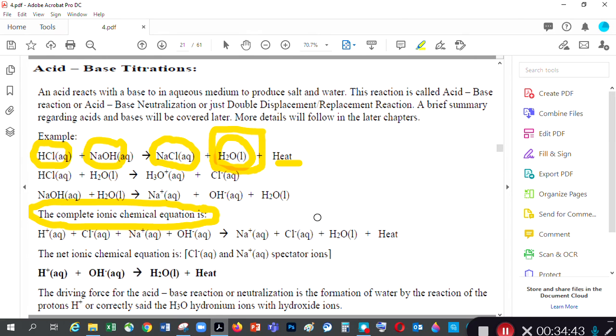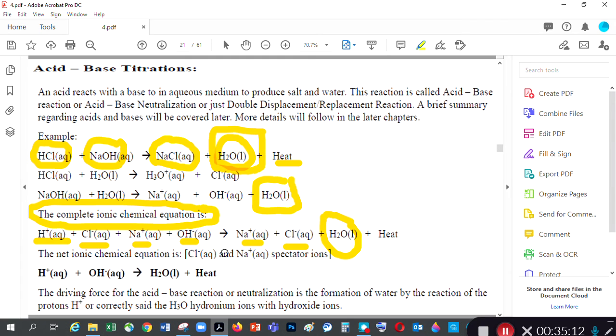I cannot touch it. H2O is liquid. I can't touch the solid, the liquid, or the gas, correct? So I'll take this HCl, H plus and Cl minus, those ions. Then sodium hydroxide, sodium and hydroxide, all of them aqueous. And the product sodium chloride, sodium and chloride, aqueous. The H2O will remain as is, no touching.